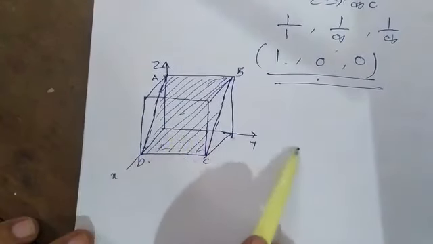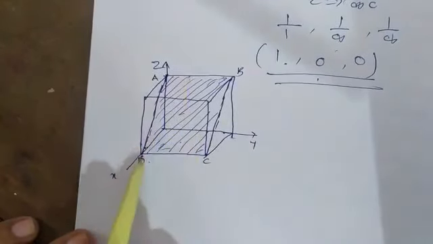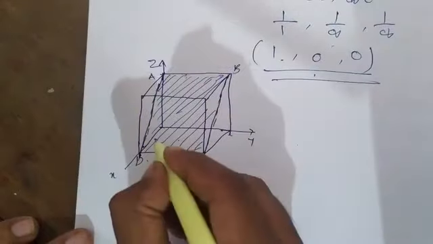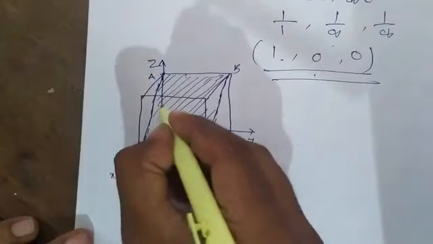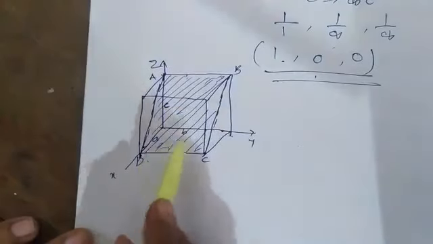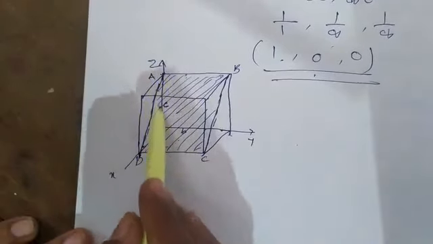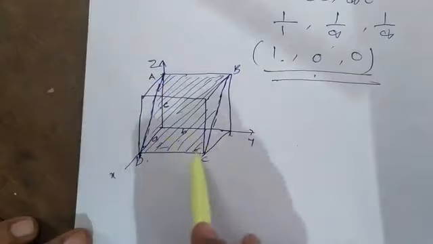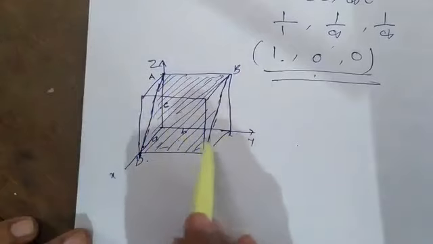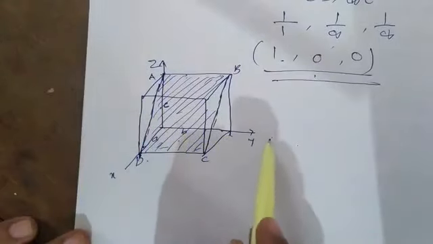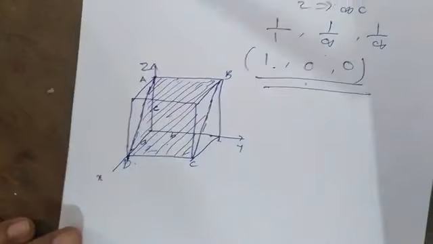This plane is parallel to the y-axis. It touches the x-axis at intercept a, along the z-axis at intercept c, and along the y-axis it is parallel, so it touches the y-axis at infinity according to the rule.